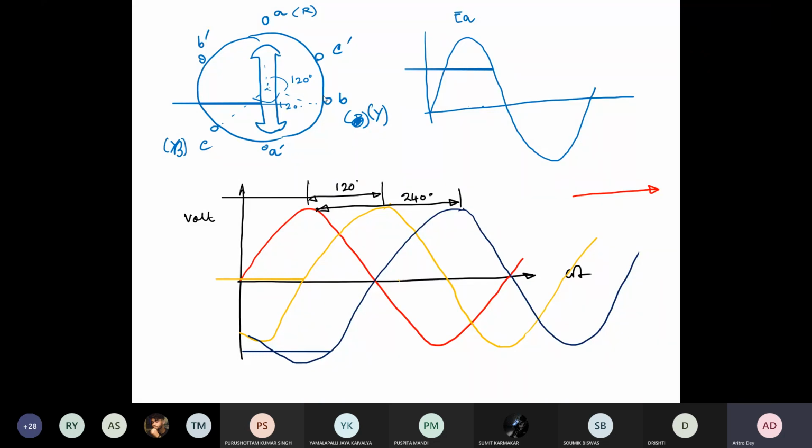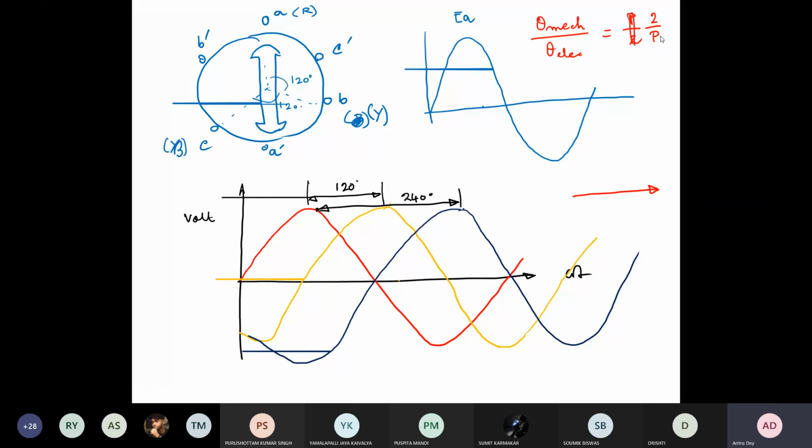Why? Because theta mechanical by theta electrical will be P by 2. Or sorry, it's the other way around, 2 by P. Okay, so theta mechanical will be 2 by P into electrical, so it will be 60 degree.